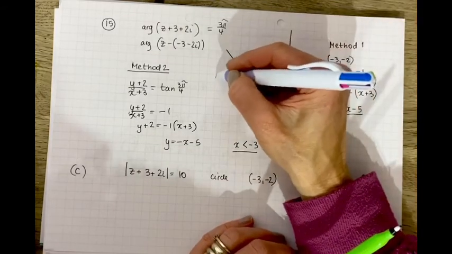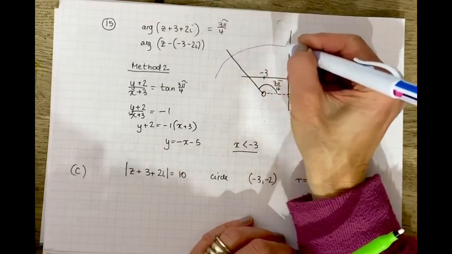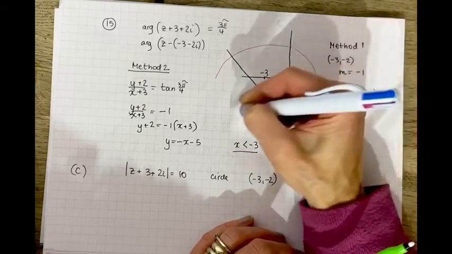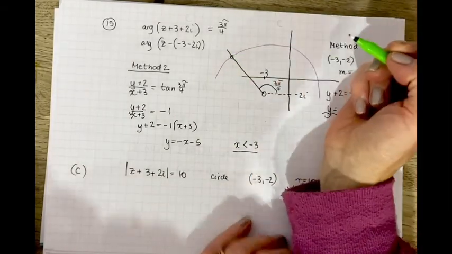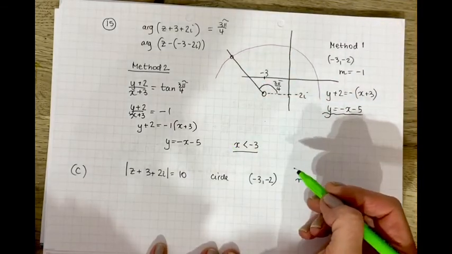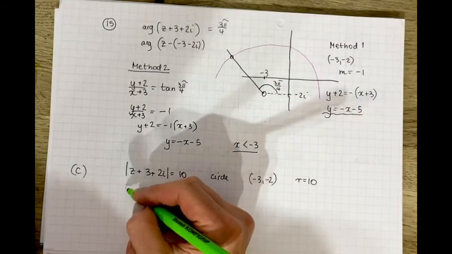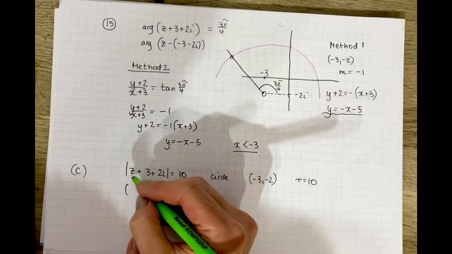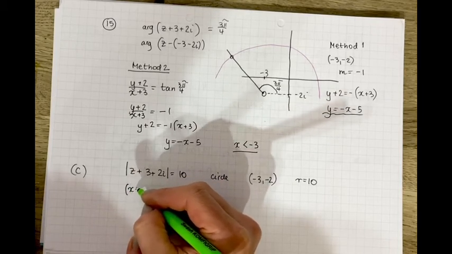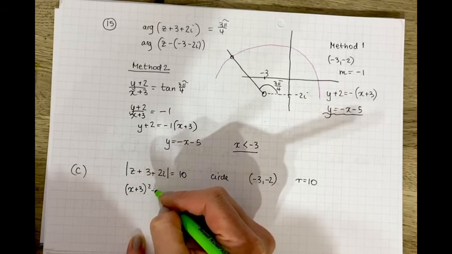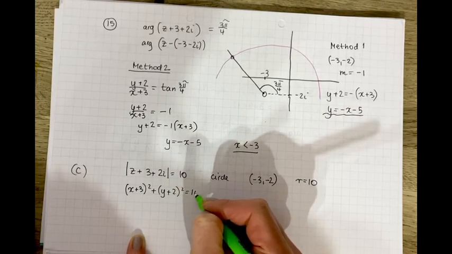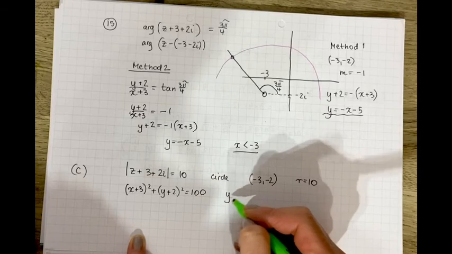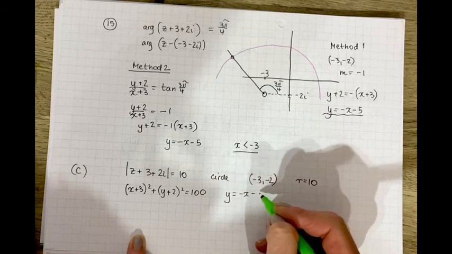Just draw it. So for the circle, we're talking about finding the point of intersection. So all I need to do is write it as an equation of a circle. So it's x plus 3 squared plus y plus 2 squared is equal to 100, and the line is y is equal to minus x minus 5.